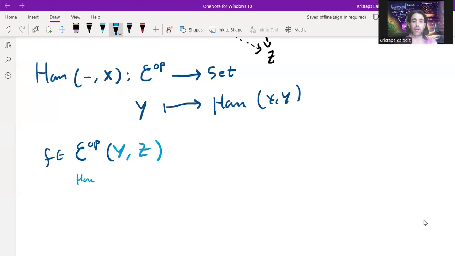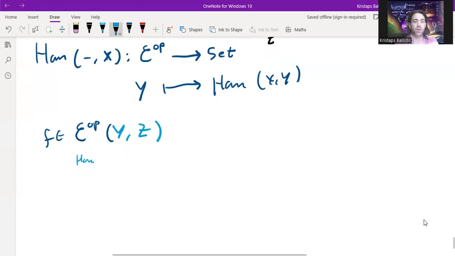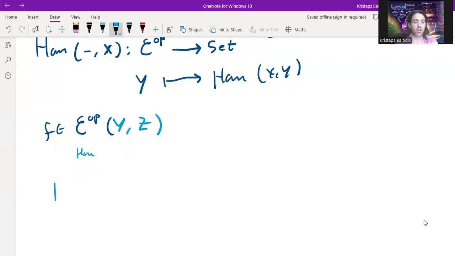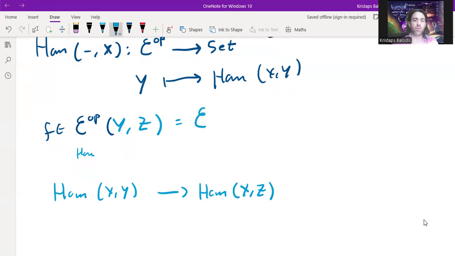If this is a functor, I need to tell you, given this homomorphism, I need to produce for you a homomorphism between the objects of the images, X, Z. But a homomorphism in C op, remember, that's just that category with all the arrows flipped.